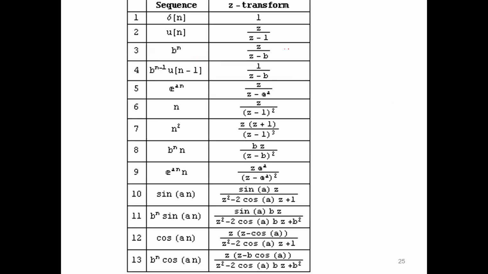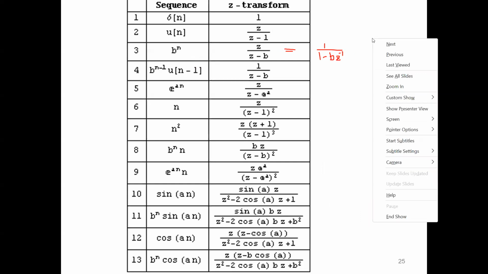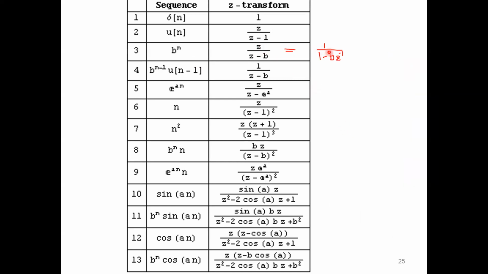So either this or that. More often than not, we write the z-transform this way.